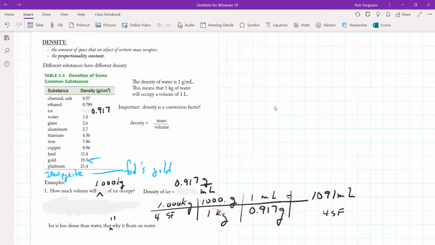So you would take your chunk of shiny metal. There are some other ways to tell the difference between fool's gold and gold besides density. There are some crystallization patterns that are different, but density is definitely one way. If you were to weigh your whatever, okay, so these are the steps you use.